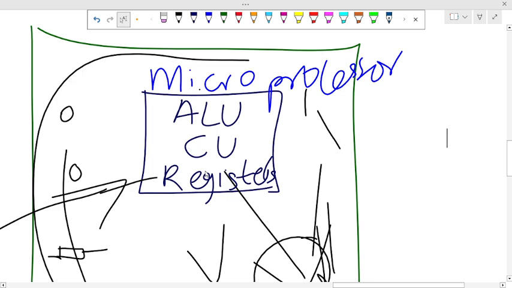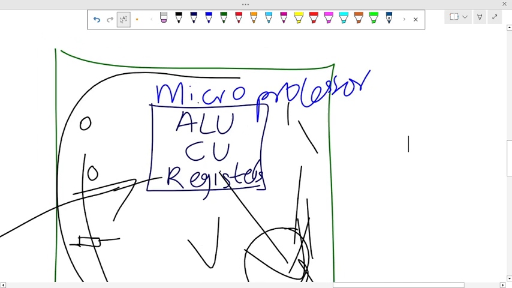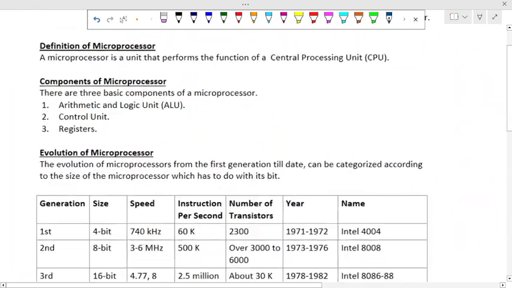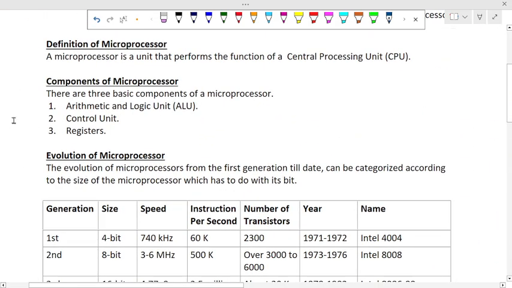Let me just say control center, in charge of the flow and operations. Registers, these are storage elements or storage devices. Okay, they're mostly temporary storage. So these are the three main components in the microprocessor: arithmetic and logic unit, control unit, and then registers.